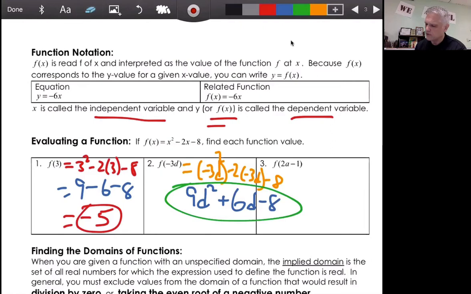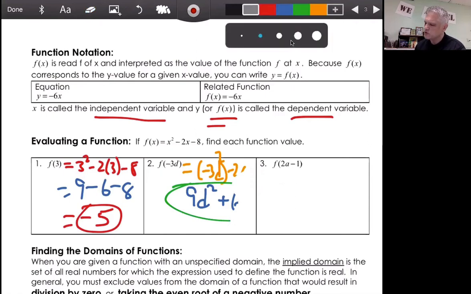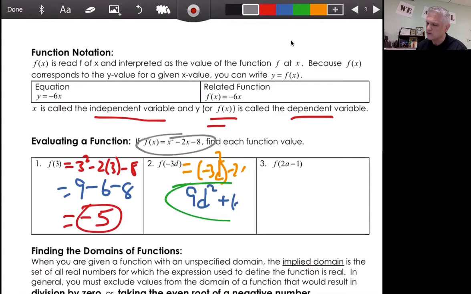All right, I'm going to do a little erasing here, so you can pause and rewind if you need to write this down. Just going to erase this out. Right. We're going to do the same thing once again, but we're going to substitute 2a minus 1 for x in f of x. So we're still back here. So f of 2a minus 1, I'm going to start it on the next line here because I know I won't have enough room.